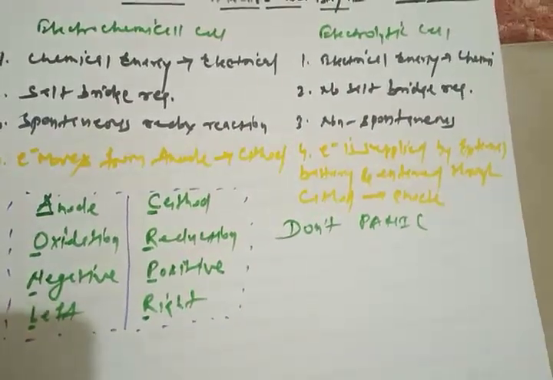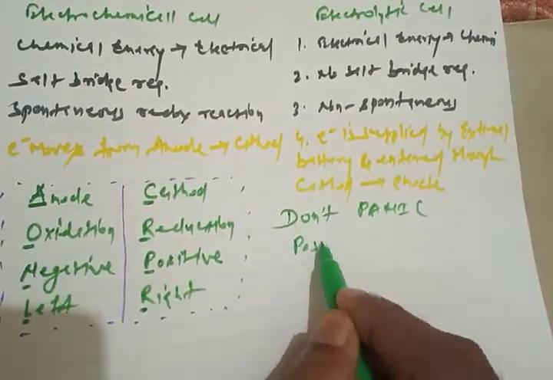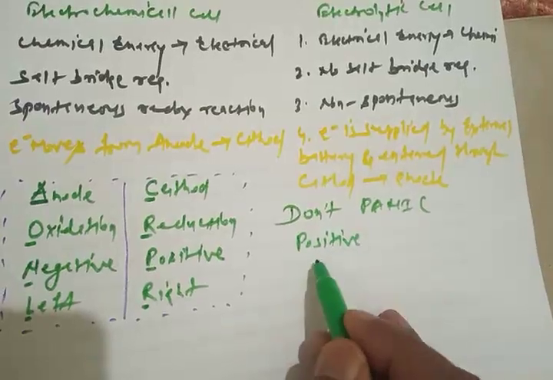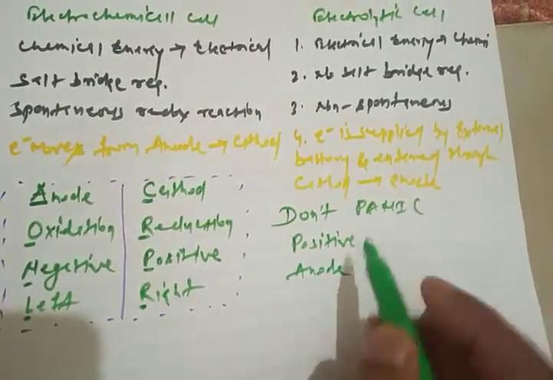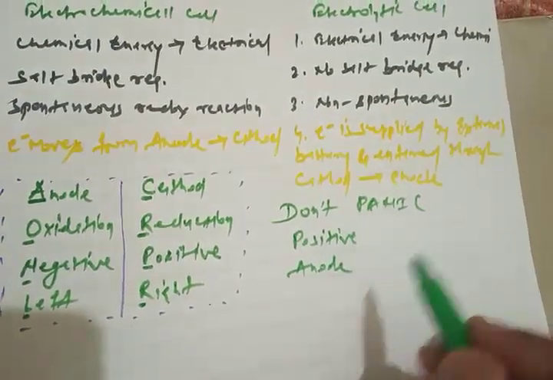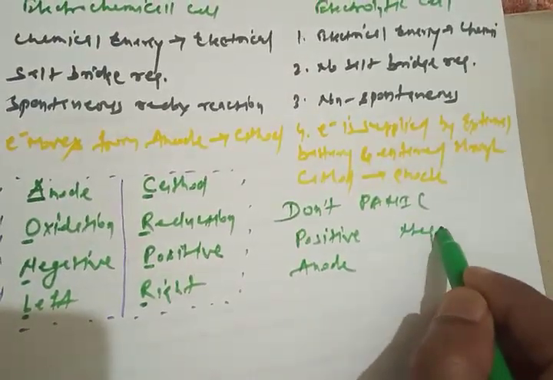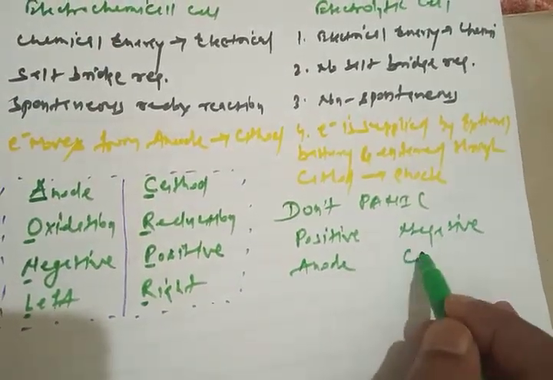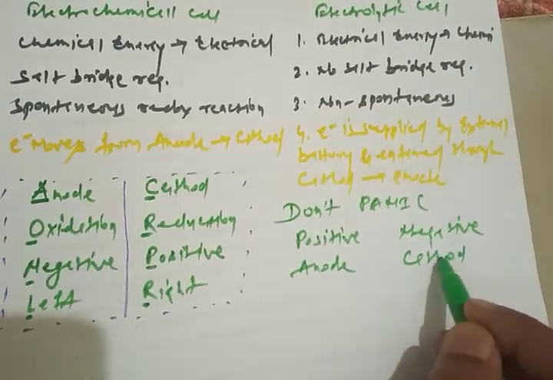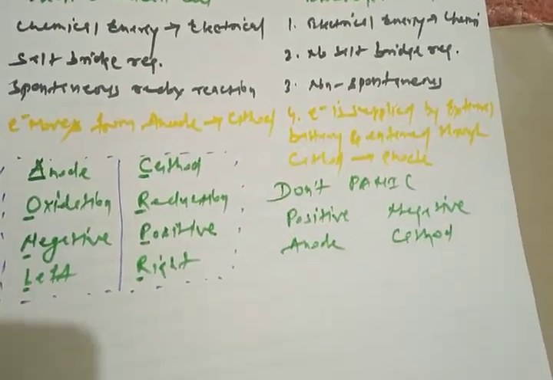Positive anode, P for positive, A for anode, negative cathode, okay.